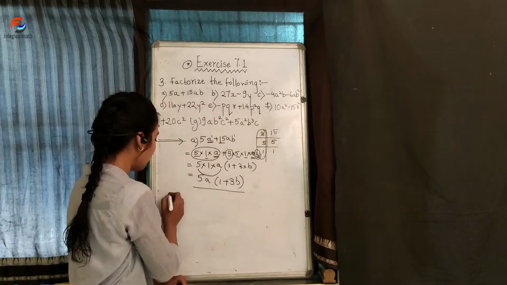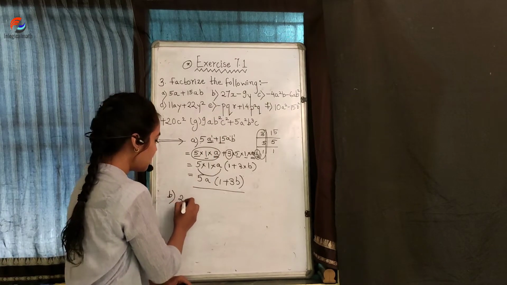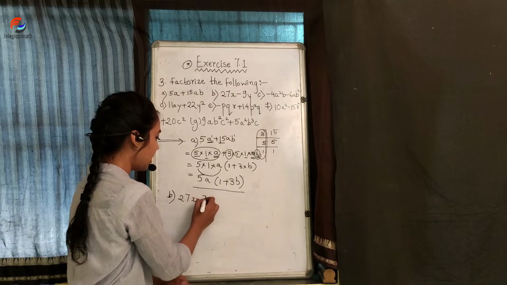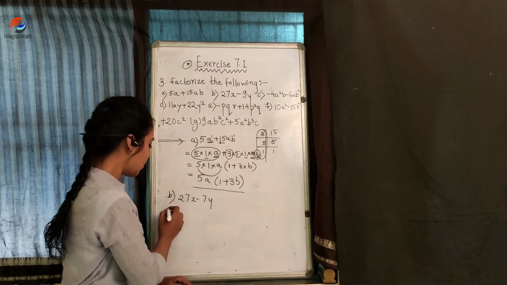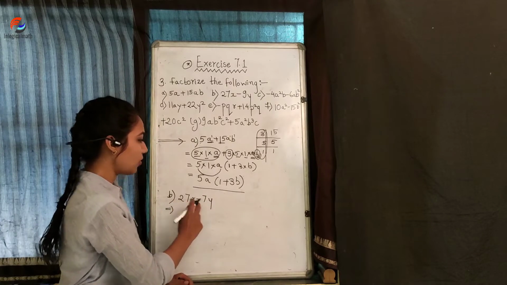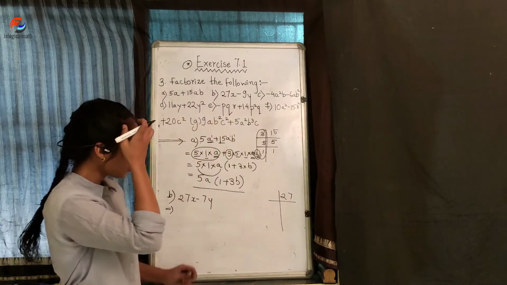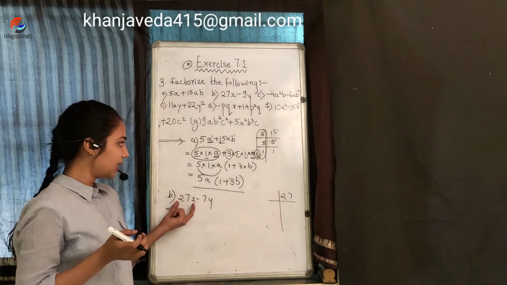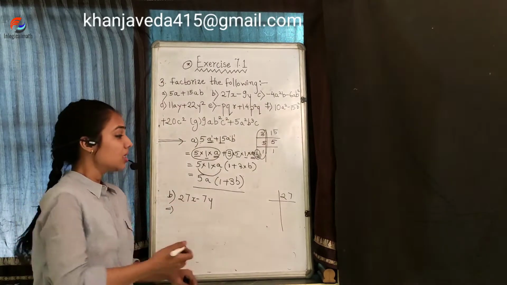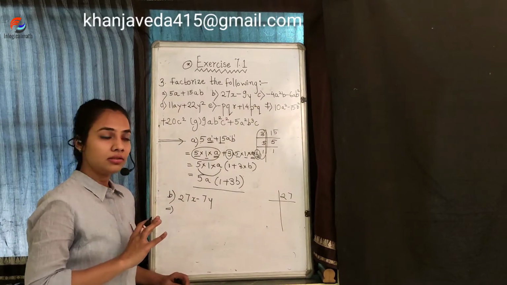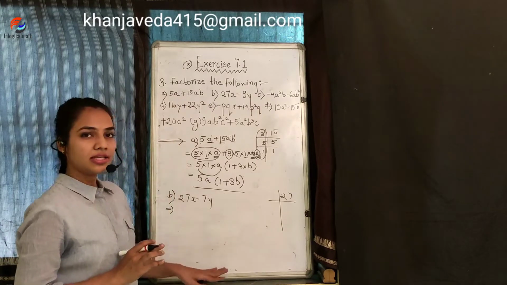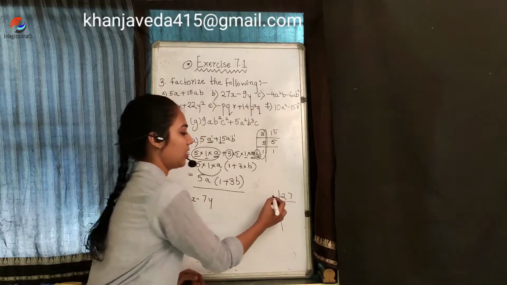Now for the second question, 27x minus 9y. Now find the factor of 27. Find the factor of each term, as we have already learned in this exercise.